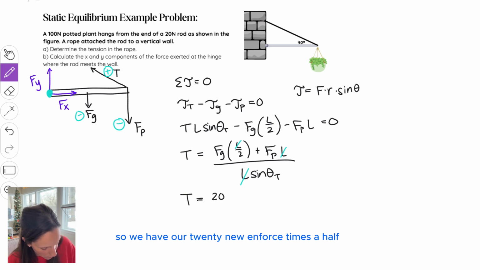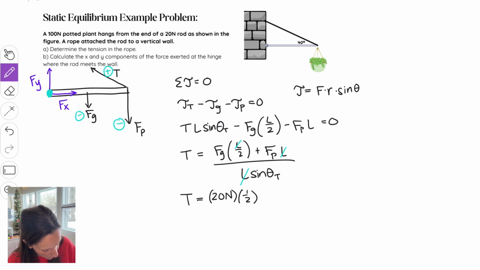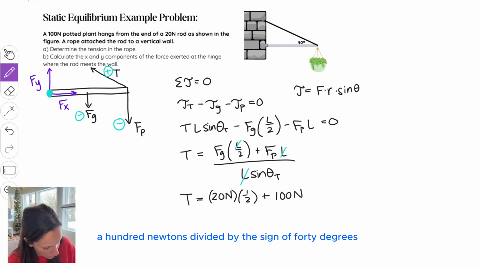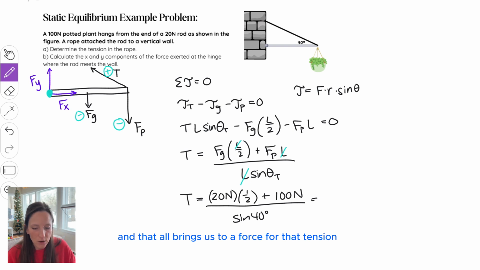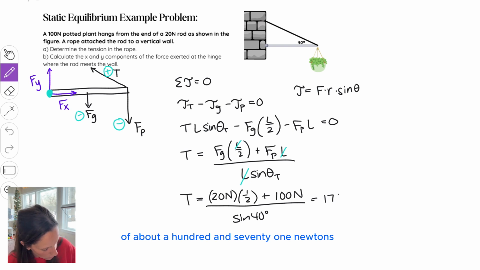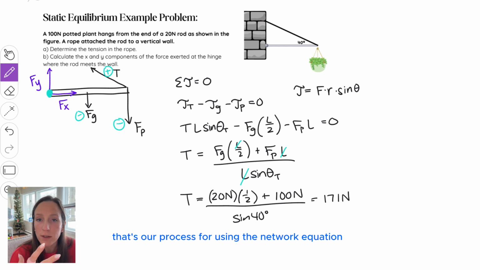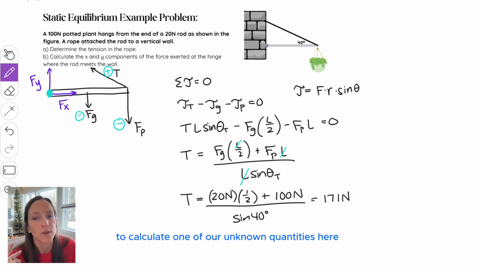We have our 20 Newton force times 1/2 plus the force from the plant, 100 Newtons, divided by the sine of 40 degrees. And that all brings us to a force for that tension of about 171 Newtons. All right, so that's our process for using the net torque equation to calculate one of our unknown quantities here.